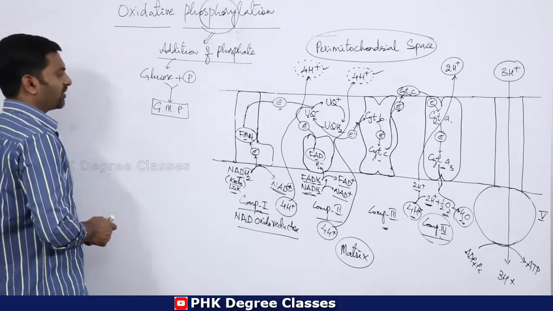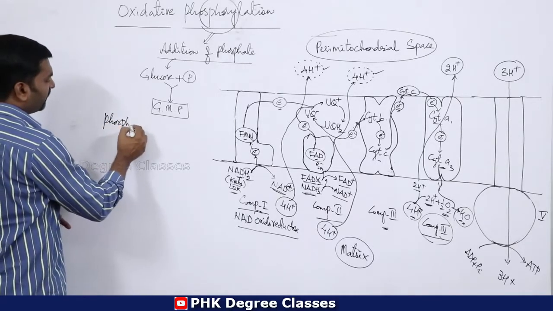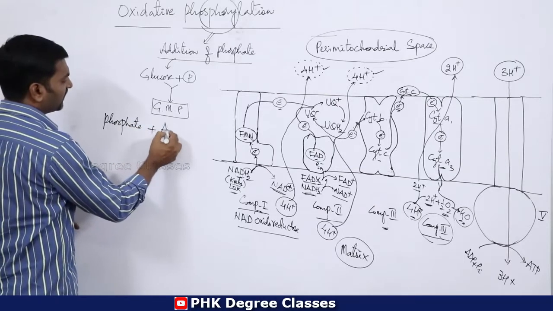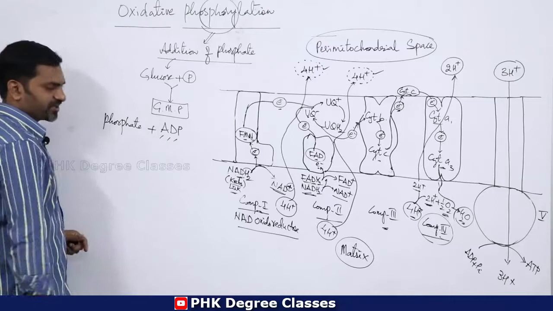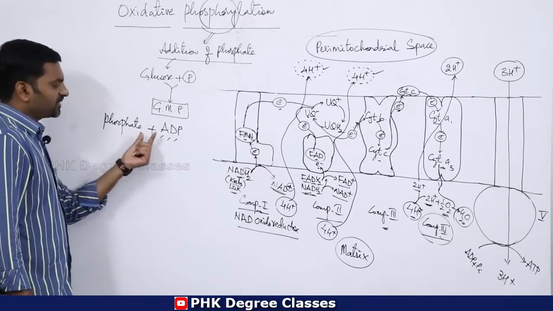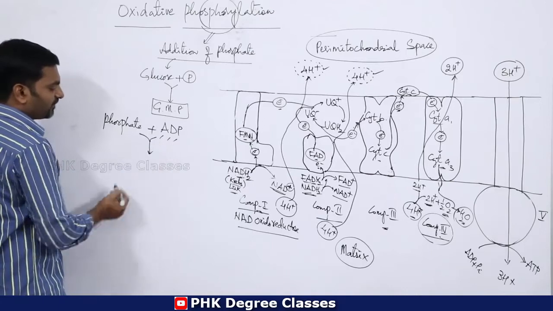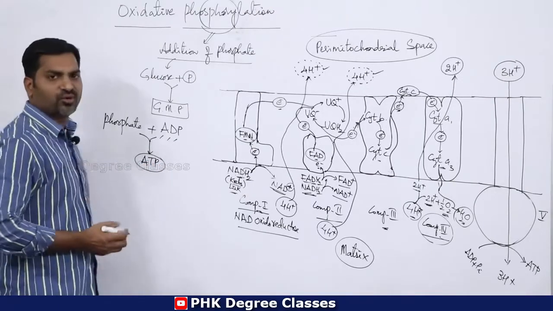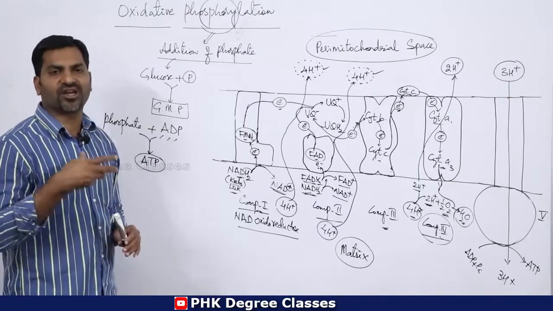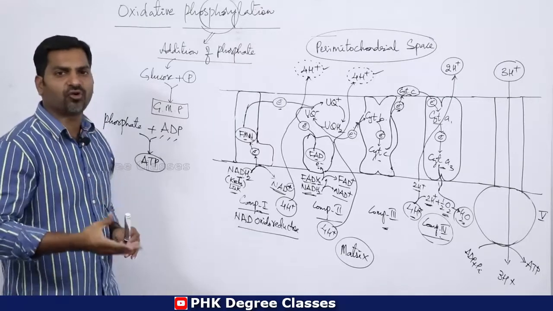Or if one phosphate is added to ADP, that is adenosine diphosphate, it can be converted into one ATP molecule, that is adenosine triphosphate, the energy molecule, or you can say the cell currency of living organisms.